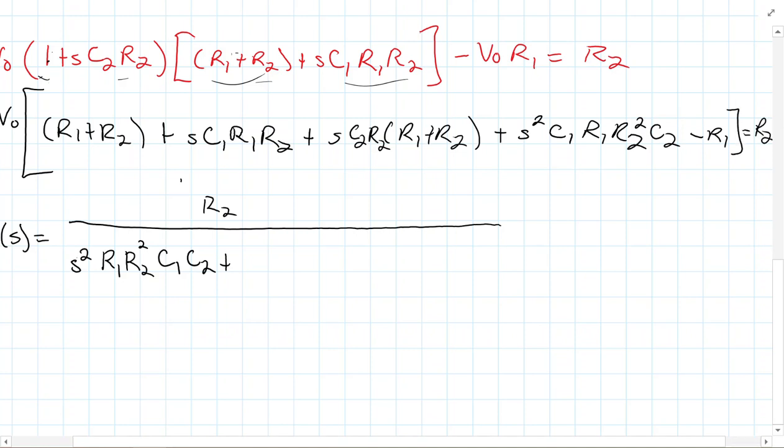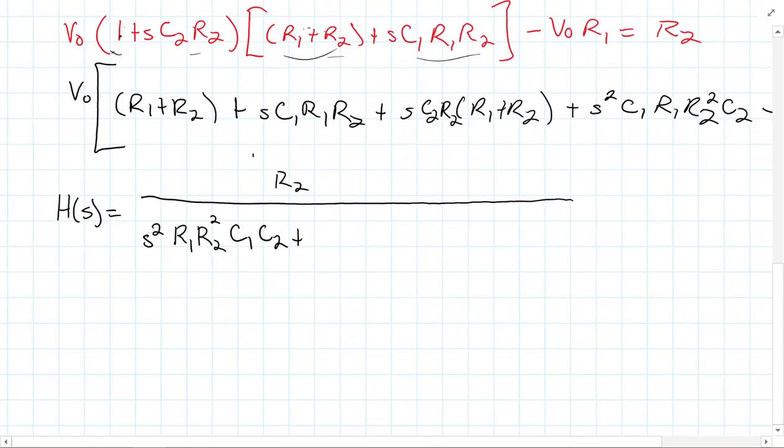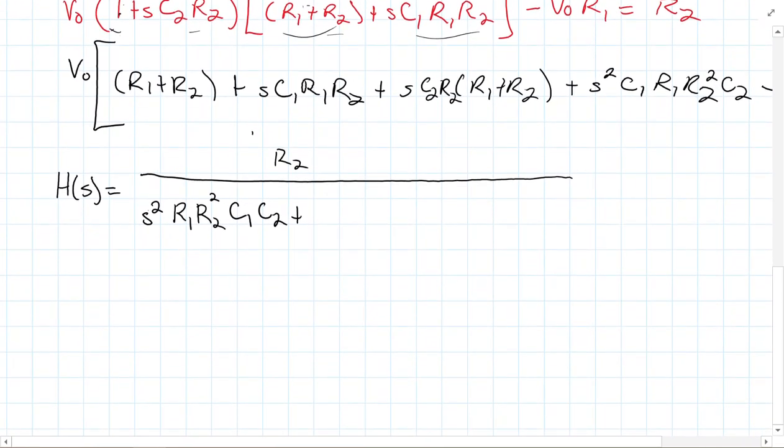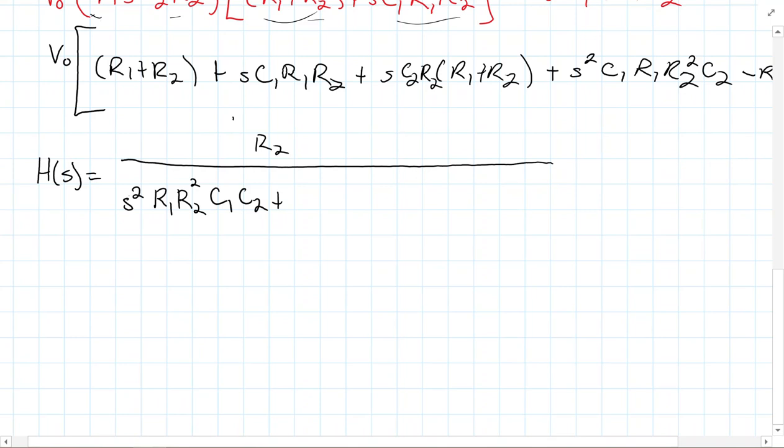Is equal to R2. And that would be S squared C1 R2. Yeah, okay, we're good now. So S squared R1 R2 squared C1 C2. It looks like a mess. It will actually clean up, believe it or not. But it looks like a mess right now.